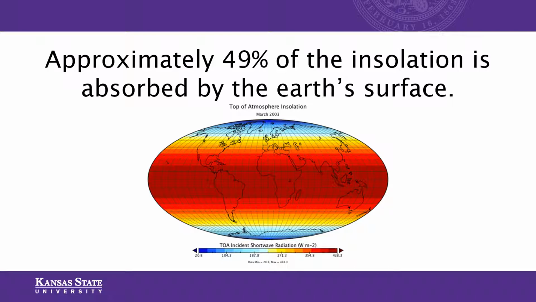And if you're interested, you can get online and Google insolation spectrometer maps, and you can see that this concentration changes by season, sort of on a regular basis. The spectrometer mapping will look different depending on the month and the season. So that's insolation.